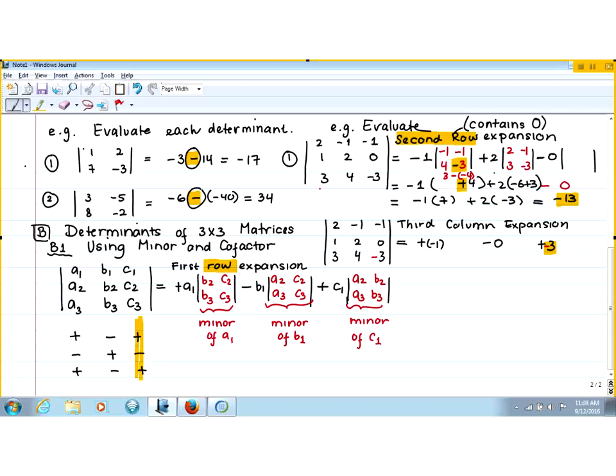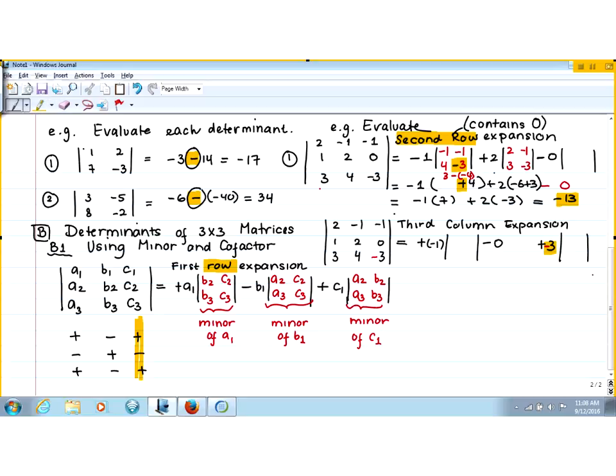Now let's write down the determinant for each. For 0, do I need it? No. 0 multiplied by any number will be 0. So for the second one here, I don't do it. I could write it and then leave it blank. It doesn't matter. So let's look at negative 1.